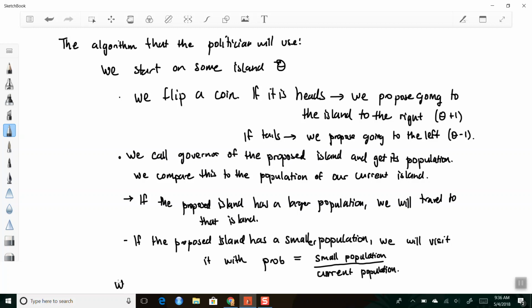So basically we draw a random number u between 0 and 1. If u is less than the ratio, we go, and if u is greater than the ratio, we stay put.